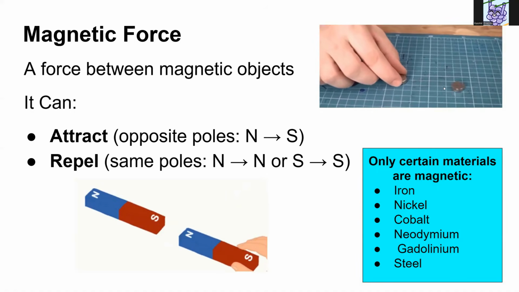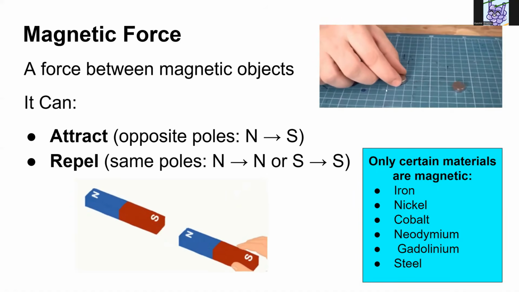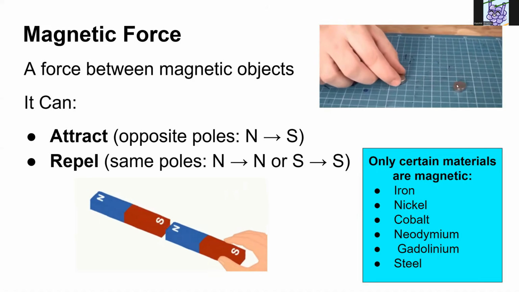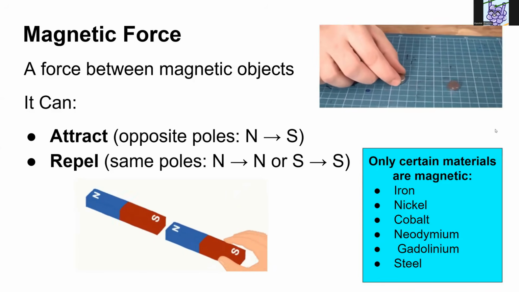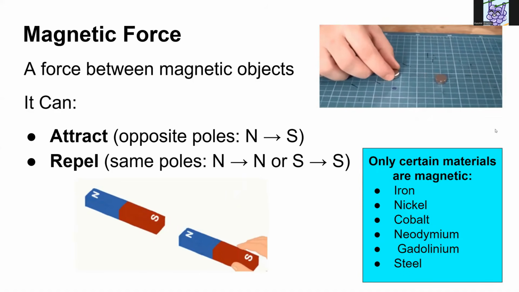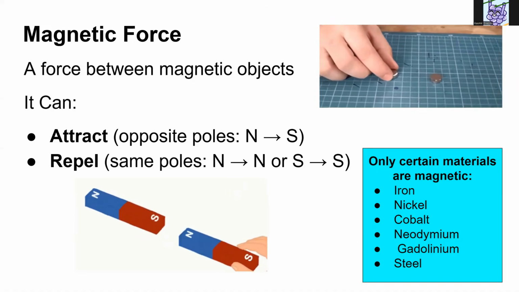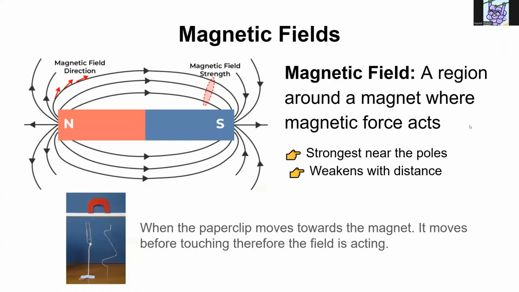For these two magnets that are moving, you have repelling forces. These are the same poles next to each other, which is why this one magnet is moving magically. Only certain materials are magnetic. The most common ones are iron, nickel, cobalt, neodymium, gadolinium, and steel.